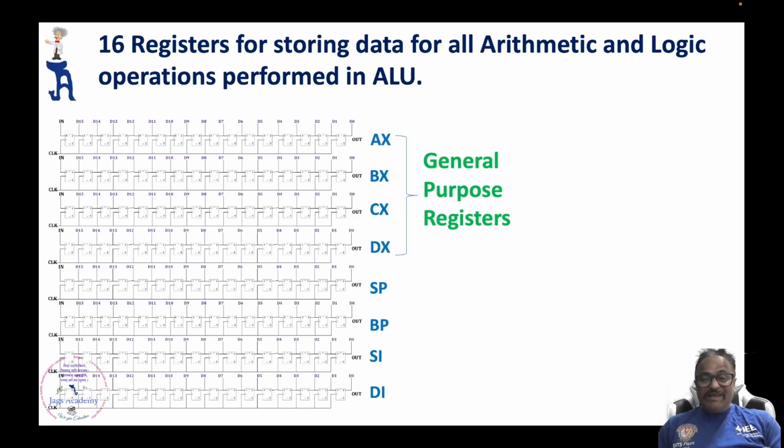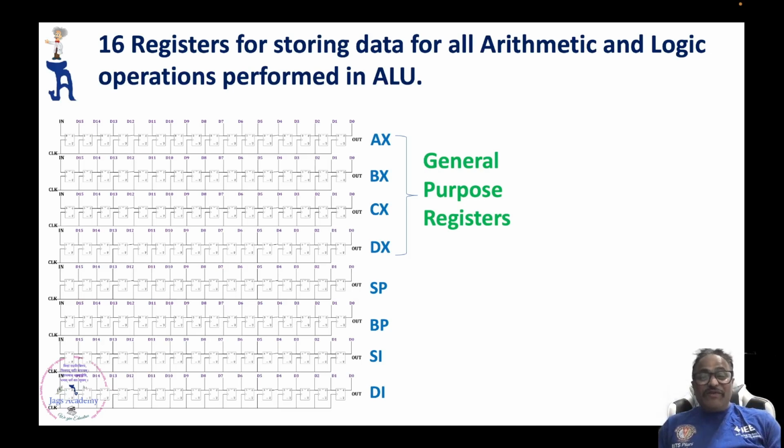SP corresponds to stack pointer, BP corresponds to base pointer, SI corresponds to source index, DI corresponds to destination index. While studying stack operation and also string operation, you will know the proper use of these registers.